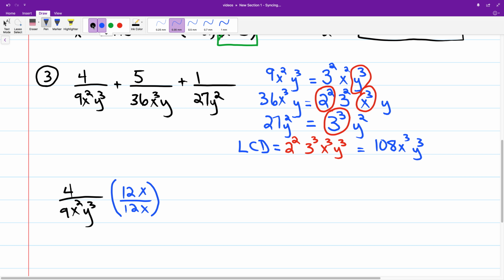Now for the next ratio, we have 5 over 36 x to the third times y. And if I put this in terms of the least common denominator, 36x cubed y into 108 x cubed y cubed is going to be 3y squared. So multiply the second ratio by 1 in the form of 3y squared over itself.